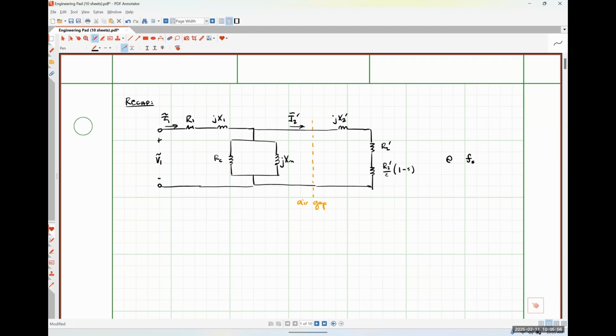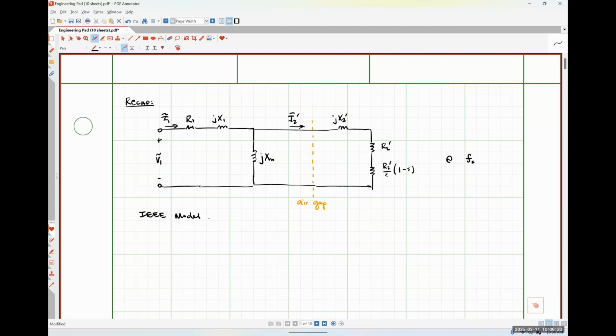Or actually, this isn't the IEEE model. The IEEE model we got by simply eliminating that core resistance, so that we would just have a jXM here, right? So let me just put a note here. So this is the IEEE model.